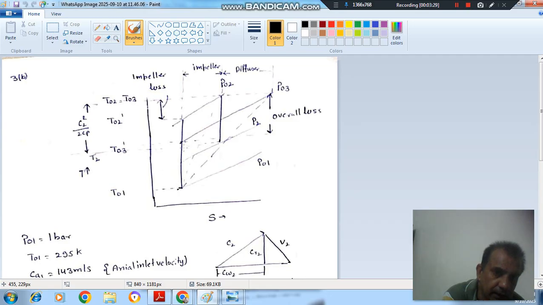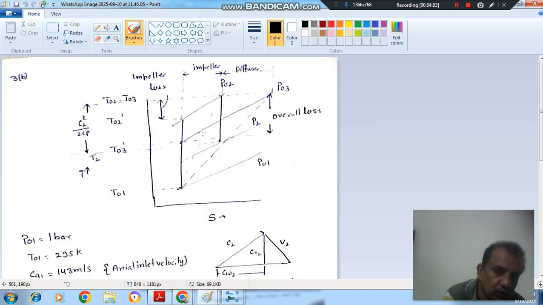Assuming that the final stagnation pressure is the same, there is some lesser stagnation temperature, that is T03 dash. If a non-isentropic process had occurred, then T03 would have been the stagnation temperature. But if an isentropic process is occurring, then T03 dash is the stagnation temperature, considering the losses both in impeller as well as in diffuser.